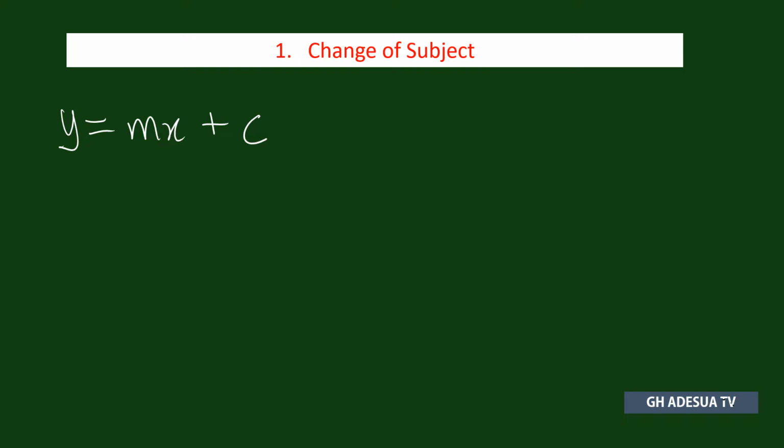Alright, now whenever you are given a change of subject to make one term or one letter the subject, you first need to look at what prevents that letter from standing alone. So in this question, let's make x the subject. Now you realize that x is not standing alone.